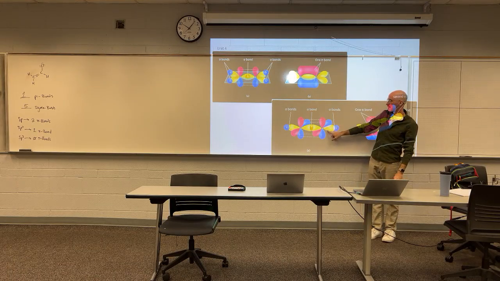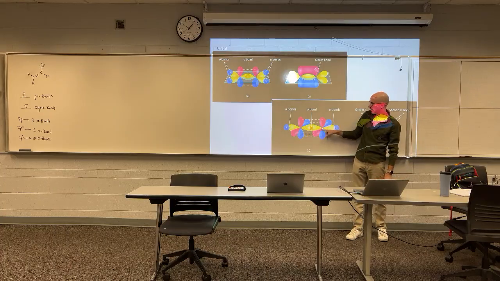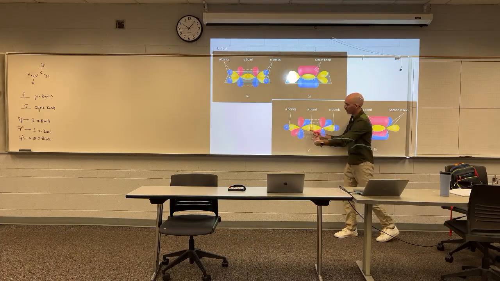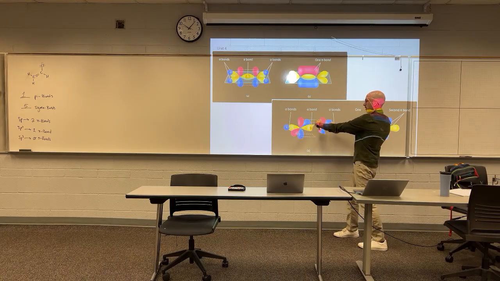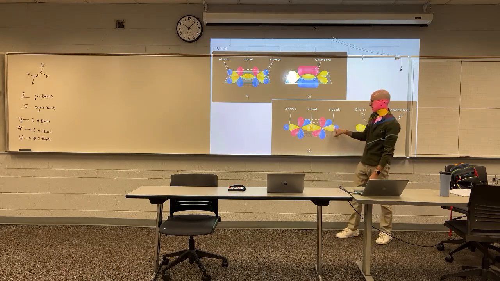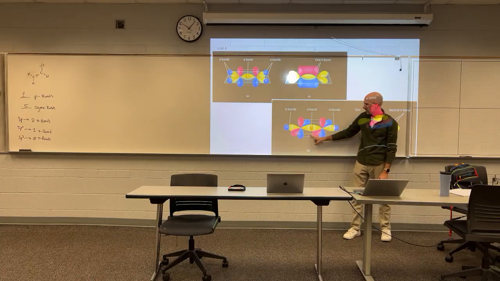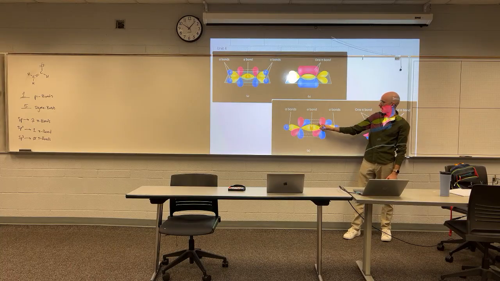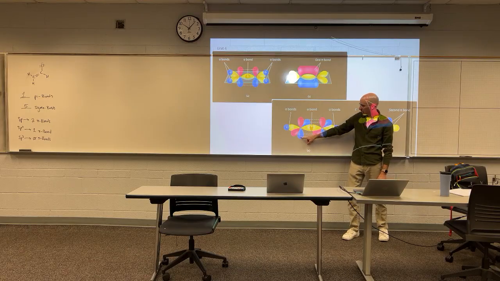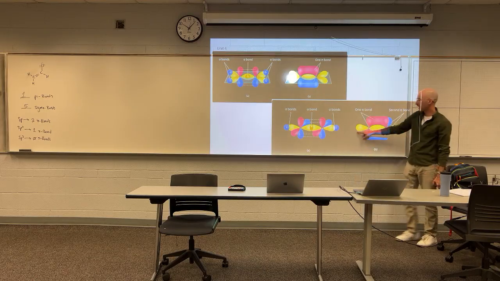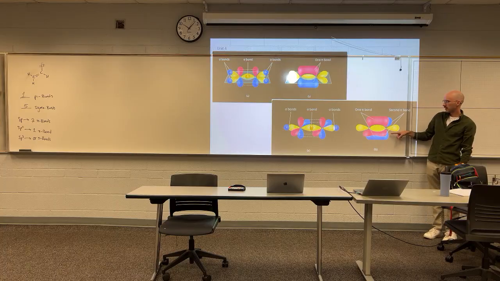Down here, what you're seeing is the head-to-head overlap of a sigma bond, and then a p orbital that is going in and out of the plane of the board, overlapping with another p orbital, side to side. You'll see that you've got red to red, blue behind the red to blue, and then you've got another p orbital that's sticking straight up and down, red to red, blue to blue, and again, when you balloon those out, this looks a little bit funkier, right?